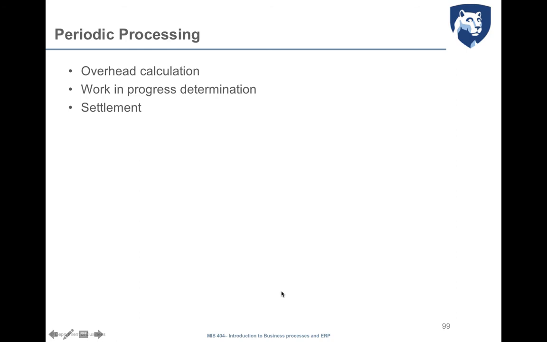Several steps related to production are completed periodically during the process. And so we need to include an activity which is named periodic processing, an activity which takes place in specific periods, such as months or quarters, where companies complete certain accounting steps and update data in the financial statement according to production process progress and activities.